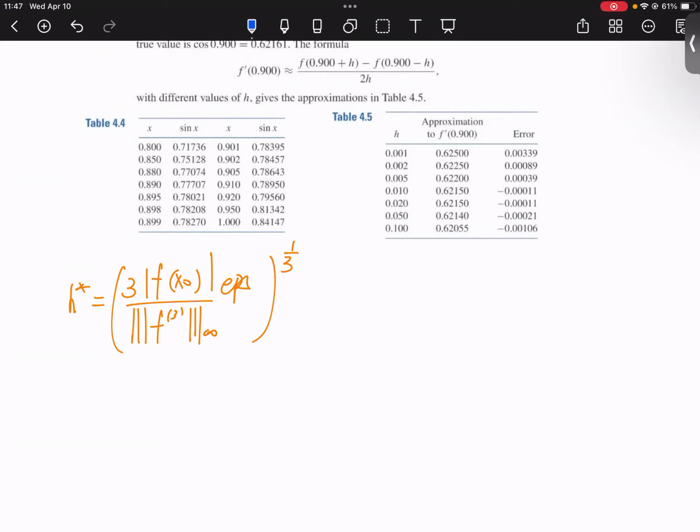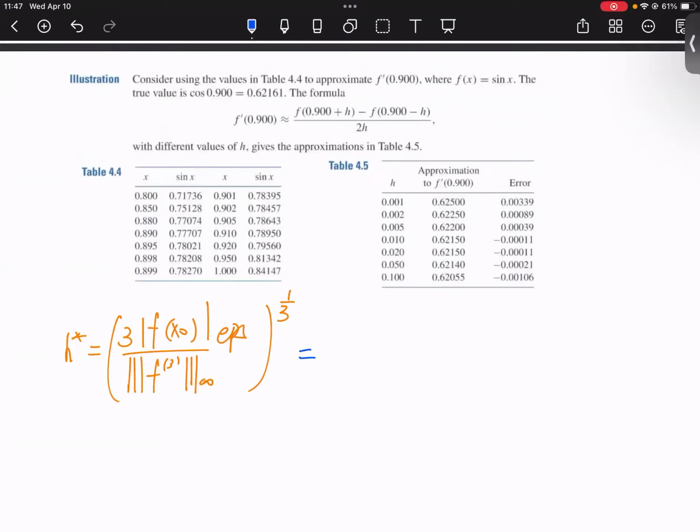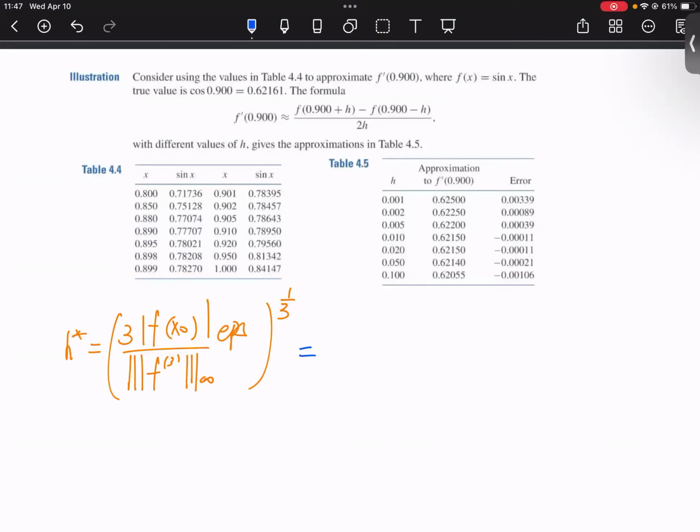So here, what is f(x0)? The function f is a sine function, and we calculate sine of 0.9. And because we keep 5 digits after the point, epsilon is just 5 times 10 to the negative 6, because the rounding off error could be smaller than this one. Any question for this one?